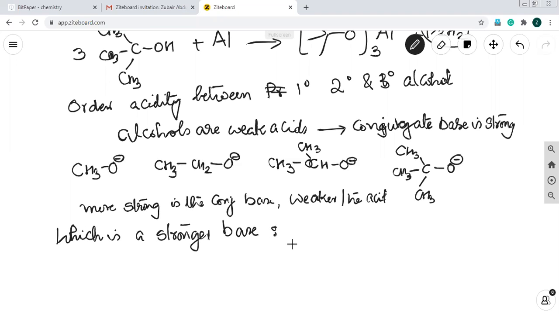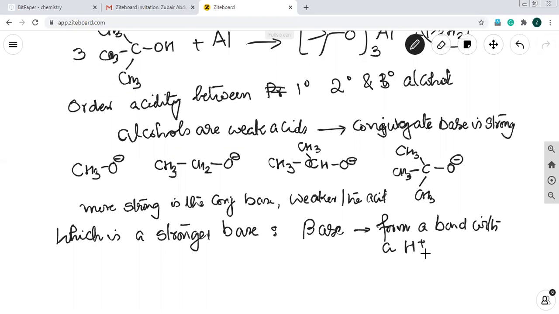Let us define a base. What is a base? A base is a substance which forms a bond with a proton. This is what is called a base.